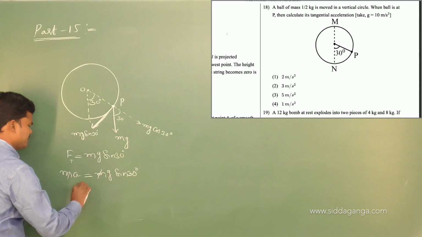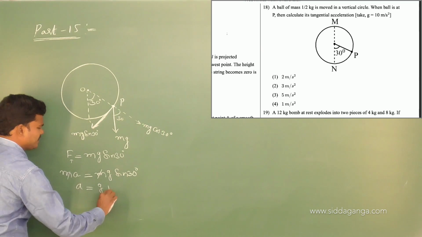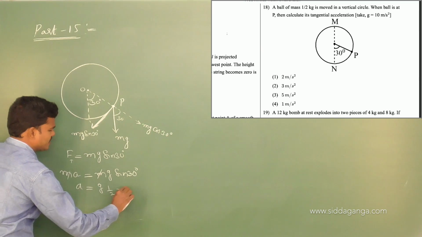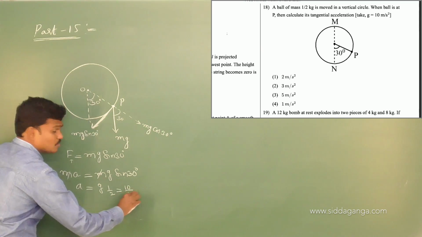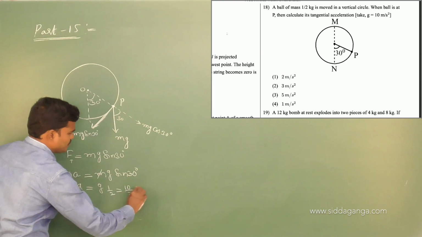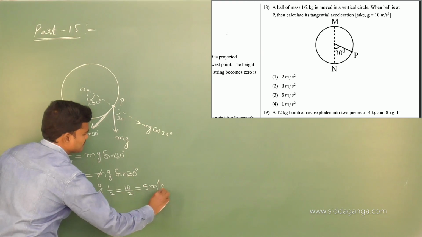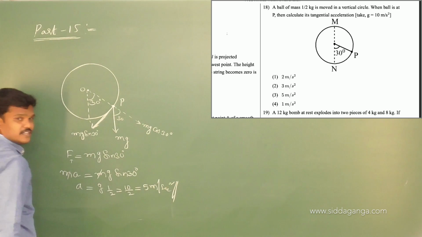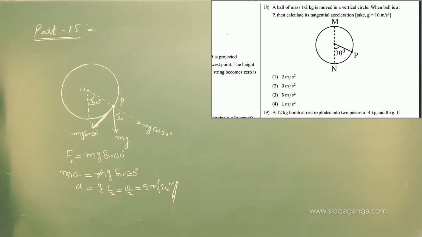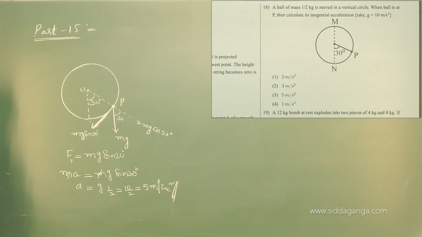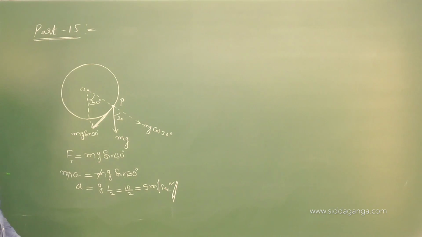Mass gets cancelled. a is equal to g sin 30, 1 by 2, g value 10, 10 by 2. What is the answer? It is 5 meter per second square. So simple question. Tangential acceleration is g sin theta, the actual formula. Okay, go for the next one.